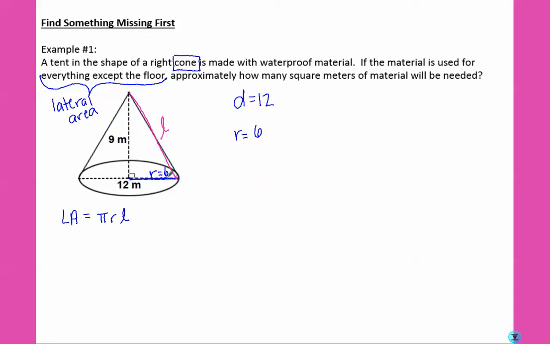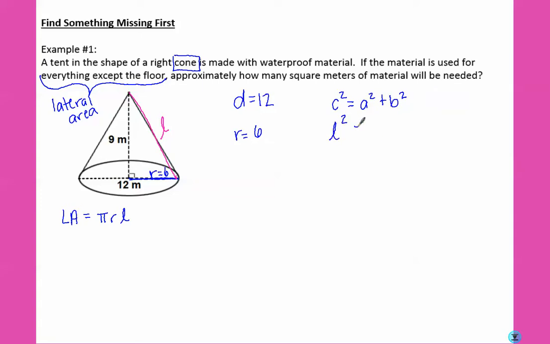Now, because if you look here, this forms a triangle, we can use the Pythagorean theorem to find L. So remember, c squared equals a squared plus b squared. And if you forget this, it's on the back of your formula sheet.